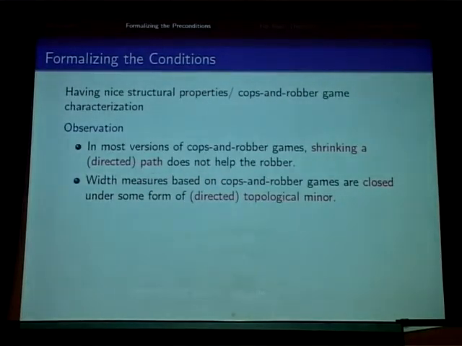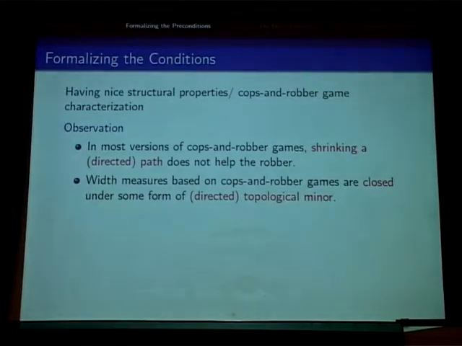Okay, and our third condition would then be what do we mean by nice structural properties? Now, if you look at the width measures that are based on cops and robber games, one of the observations is that if you shrink an induced 2 path, then that does not help the robber. So if k cops can catch a robber in a graph, and if you shrink an induced 2 path in the graph, k cops will continue to catch that robber.